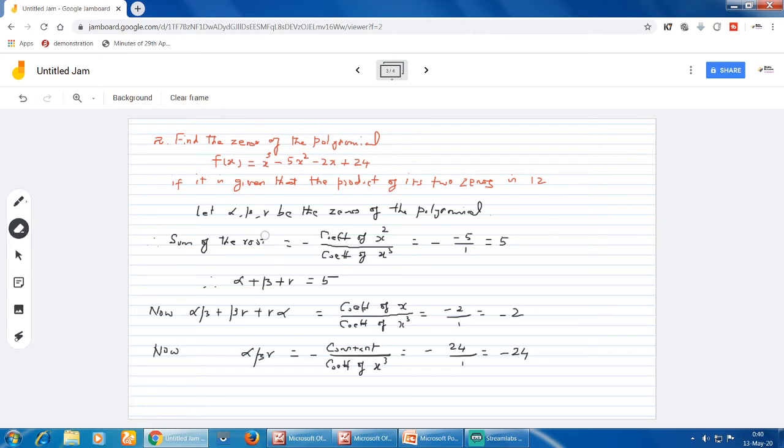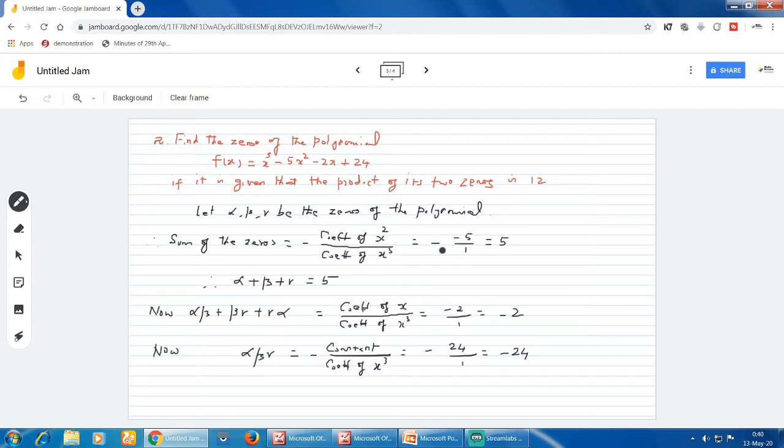I will write the zeros here. So the sum of the zeros we are finding. Already you know this: minus coefficient of s square by coefficient of s cube.